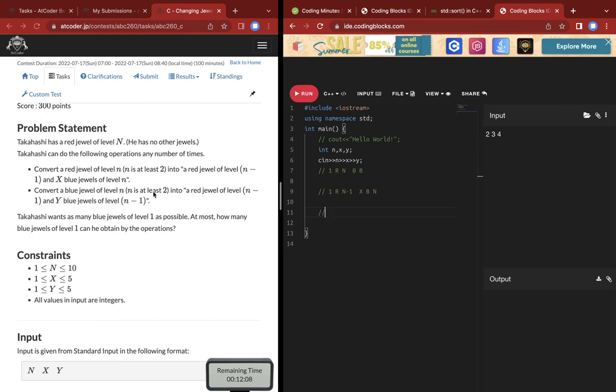Now the two choices are he can either convert these X blue jewels into a red jewel of N minus 1 and Y jewels of blue of N minus 1, and you can do that for every jewel in X. So basically X multiplied by this number, and you would have X into Y blue jewels of level N minus 1.